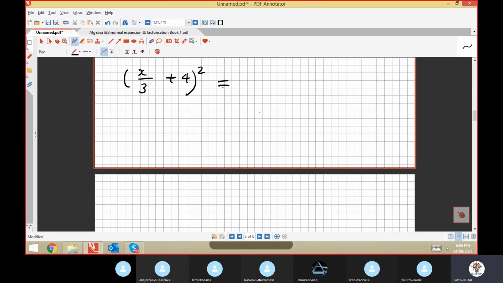What's the expansion to that? x squared over 9, and then plus x over 9. No.